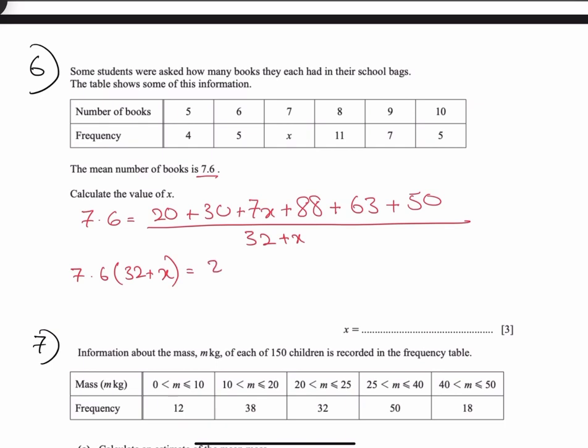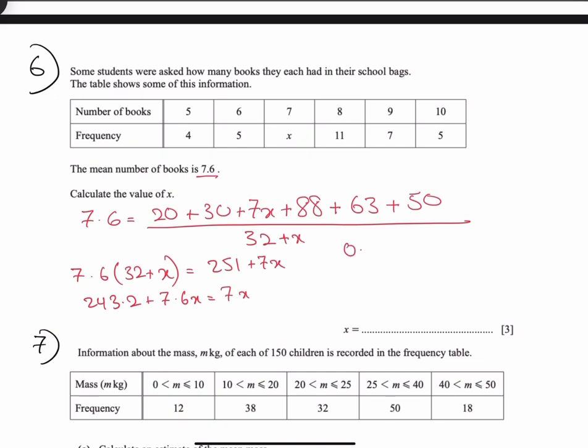That is 251 plus 7x. Okay, 7.6 times 32 is 243.2, plus 7.6x equals 251 plus 7x. Take the 7x to this side.